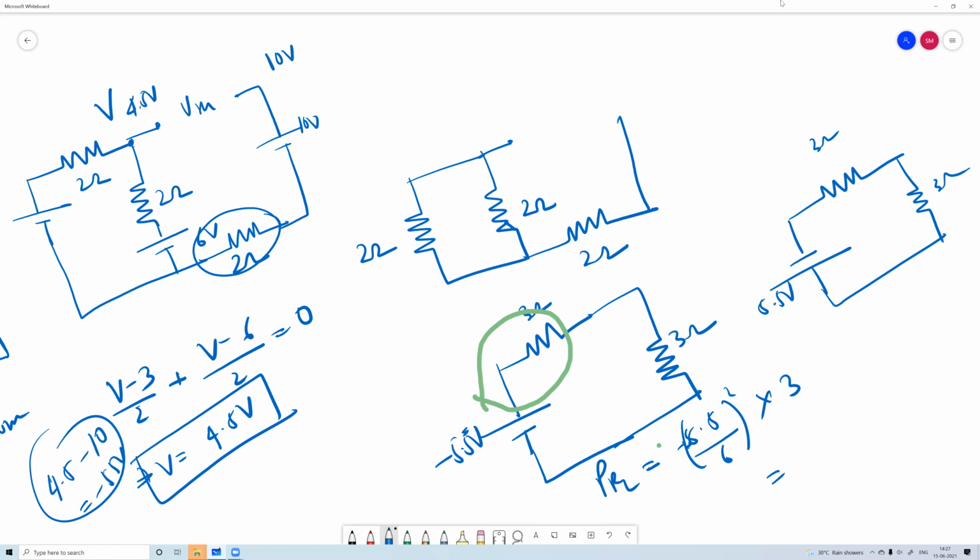The power would be positive. How much it is coming? Just use the calculator and tell me. 2.52. Yes, 2.5 is right.